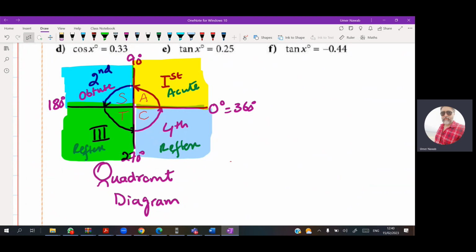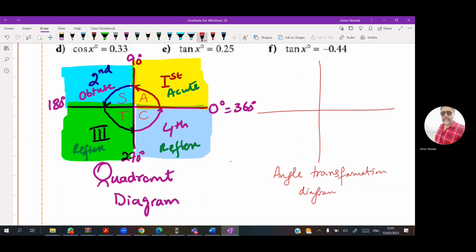The second diagram, which I'm going to draw for you, is called angle transformations. If I give you any acute angle in the first quadrant, this is called the angle transformation diagram. What is this?